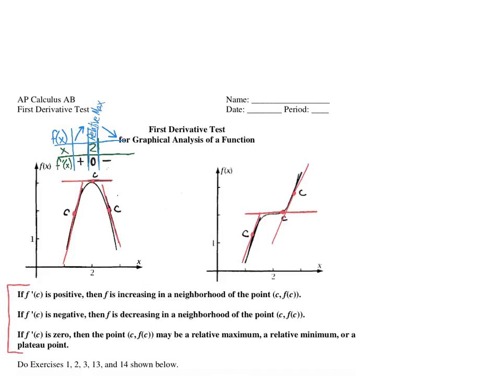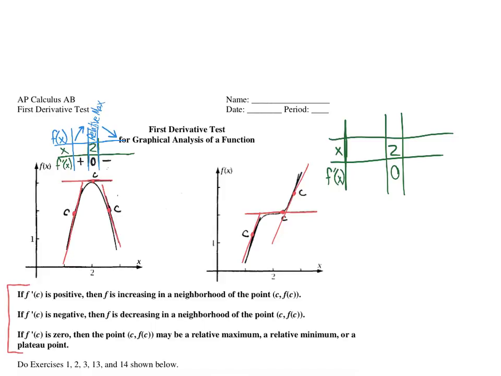Now, we could do the same thing over here on this side, where x equals 2 is where f prime of x equals 0. But we also can see that to the left of that, what's the slope of our tangent line?